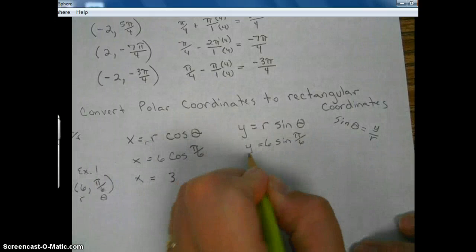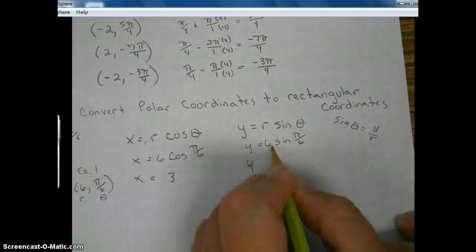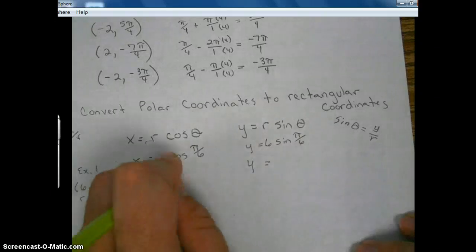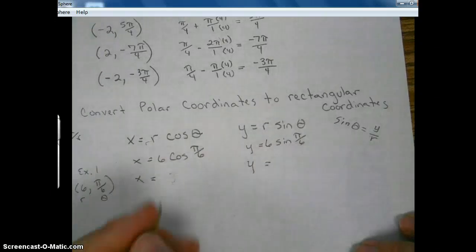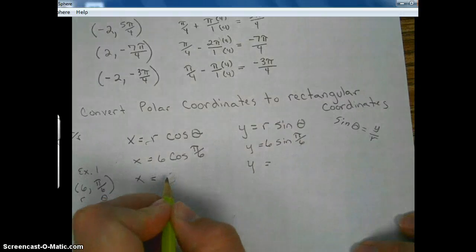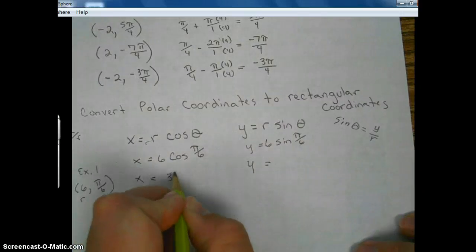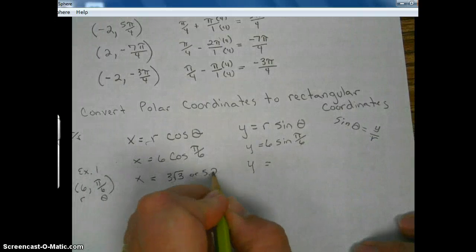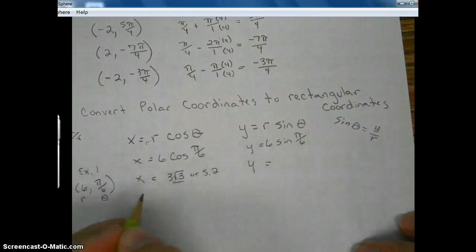Oops, I did that wrong, sorry, I wrote down the wrong one. X is going to be 5.2, or 3 radical 3. This is the better one here.